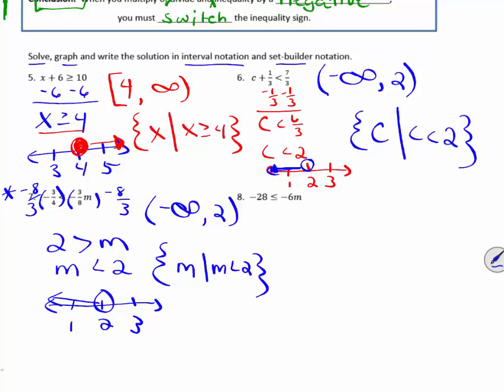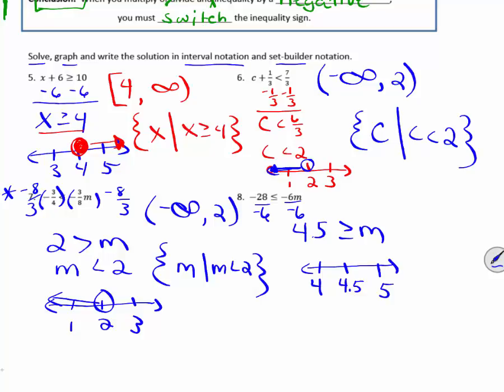Okay, next one. Now I have to divide by a negative 6. So again, I'm dividing by a negative, so I know I'm going to be switching my sign. 28 divided by 6 is going to give me 4.5. Excuse me. So on a number line, I am going to do 4.5, 4, and 5.